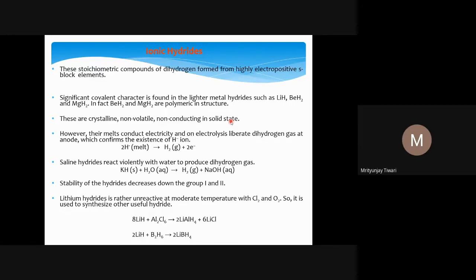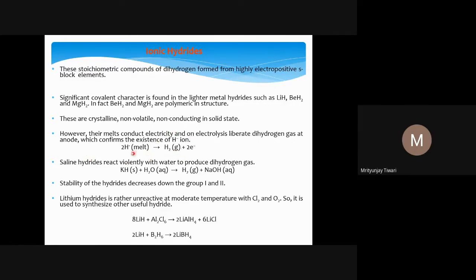However, in the molten state, or if you make a solution of them, they conduct electricity, because in the molten state these ions have fluidity, and because of that they can move from one part to another, so conduction of electricity will also happen. Similarly, if they are dissolved in water, their aqueous solution can also conduct electricity.